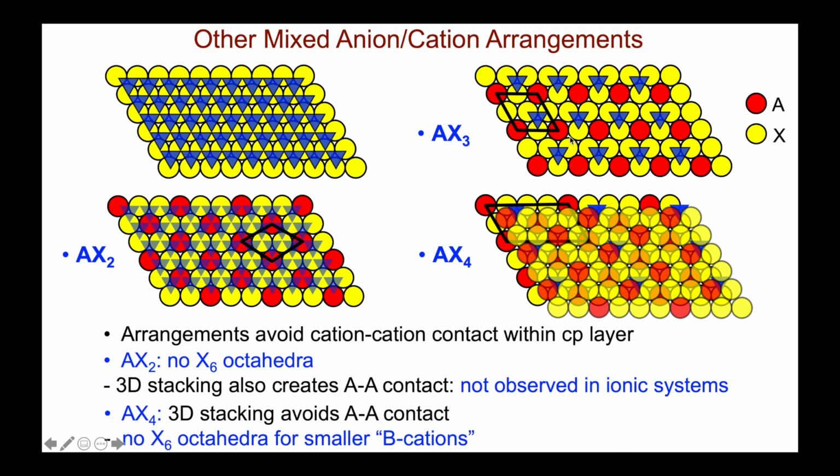And so in that sense, the AX3 perovskites were kind of unique, again, in that this type of in-plane arrangement was somewhat unique in avoiding cation-cation contacts within and between close-packed layers, and simultaneously allowing some of the interstices to have 6 anion neighbors. For the AX4, there are no ionic examples, but again, this type of pattern of ordering can occur if all of the atoms are neutral, for example in metallic alloys.